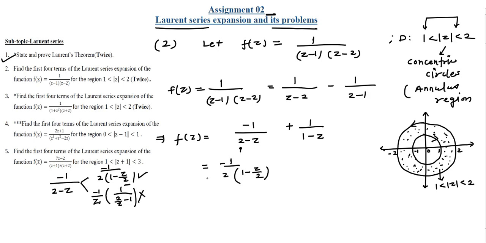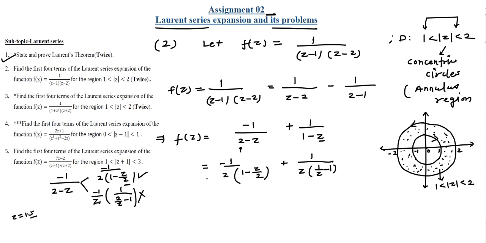Similarly, if I put z = 1.5 here, then |z| will be greater than 1. So we need to take z common from the denominator. It will give z · (1/z - 1).